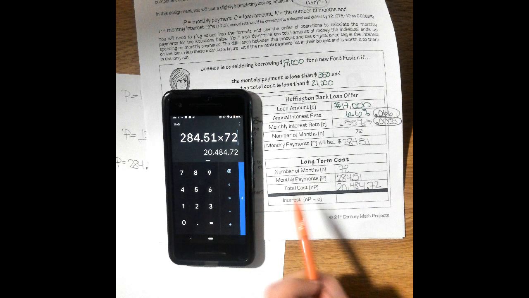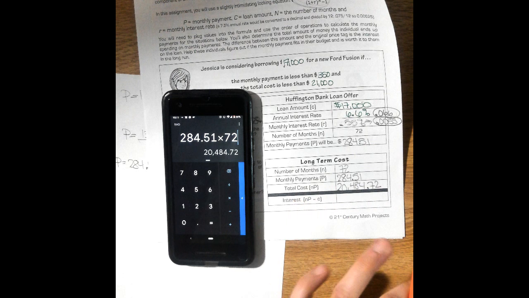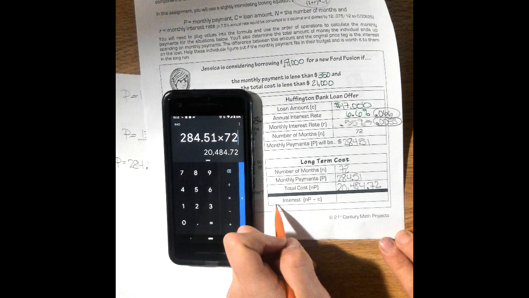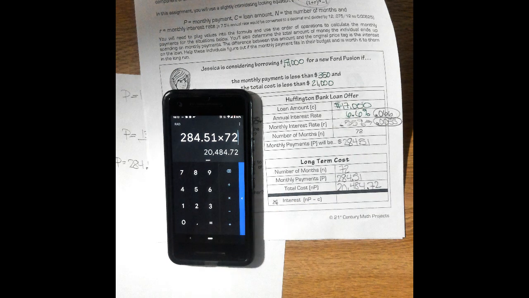So she's going to pay $20,484 completely. So that's in good shape too, because she also wanted to pay less than $21,000. So she's probably going to buy this for a fusion. Now to figure out the interest, you can use this formula, or you can think through it logically. If you think through it logically, you know you spend $20,000 on that car, but the car only cost $17,000.